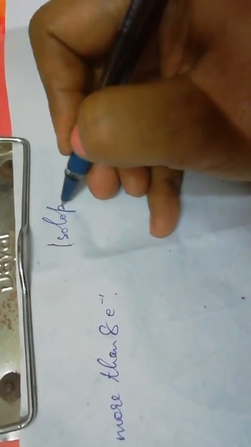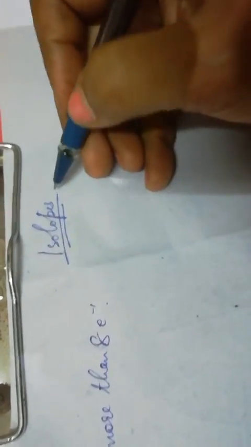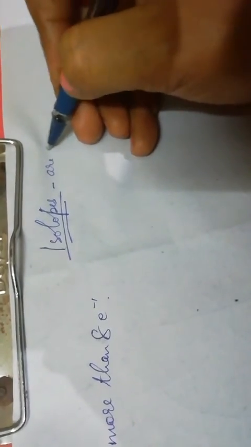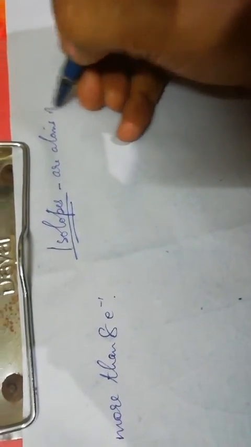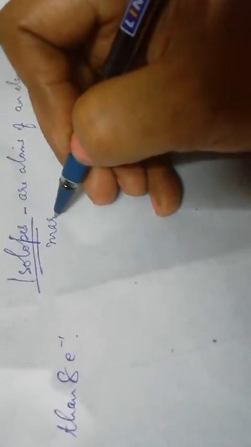Now let us study what are isotopes. Isotopes are atoms of an element having different mass number.